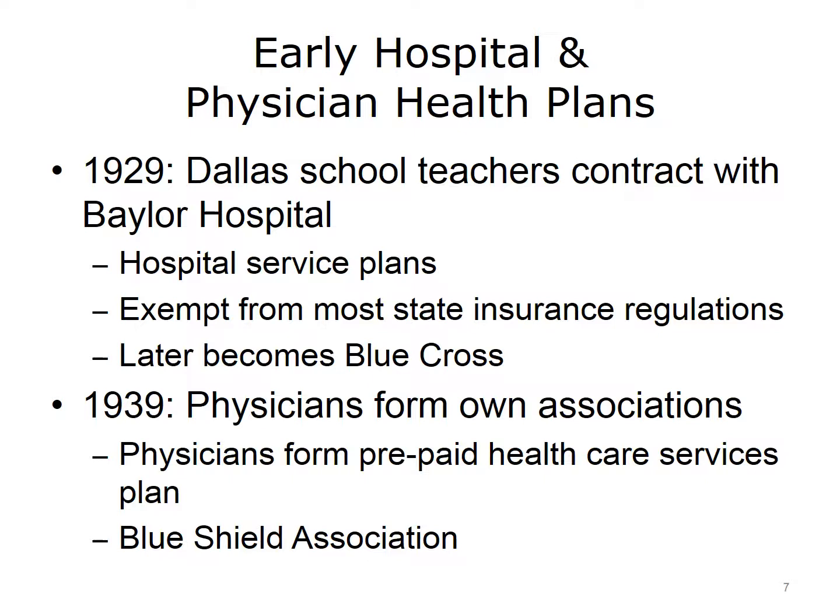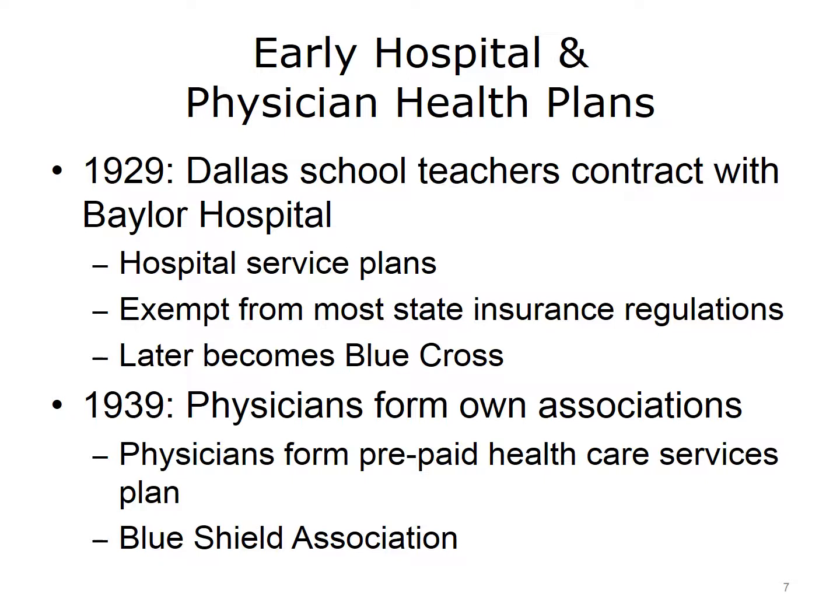One of the early health plans started in 1929, when 1,300 Dallas school teachers formed an association and contracted with Baylor Hospital for 21 days of hospitalization annually for $6 per year per school teacher. At the urging of the American Hospital Association, other hospitals around the country entered into similar agreements with local organizations.